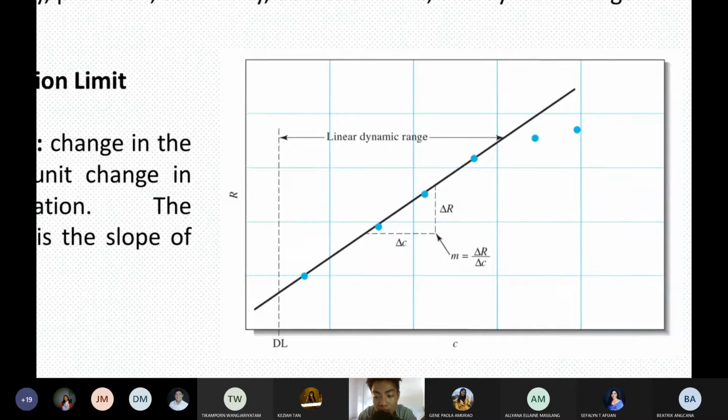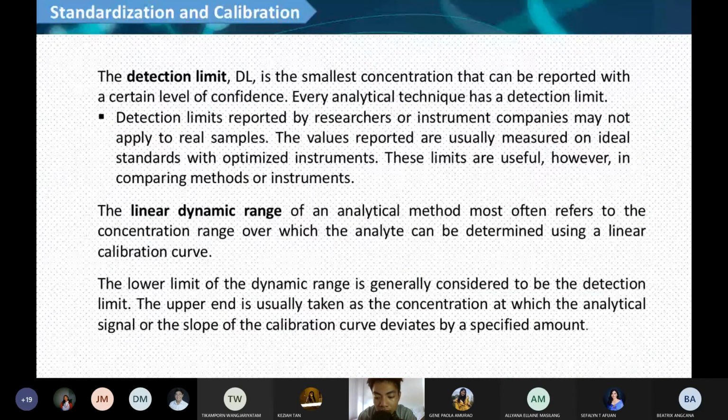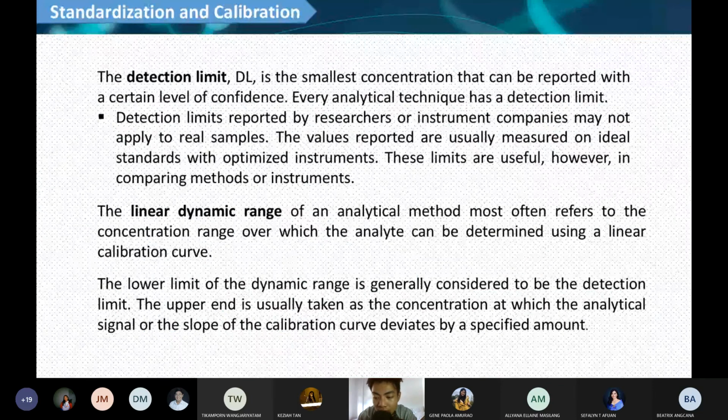So that means you have to set a limit for your calibration curve. Any concentrations higher than your limit may give you bad results. So that's the linear dynamic range pala.